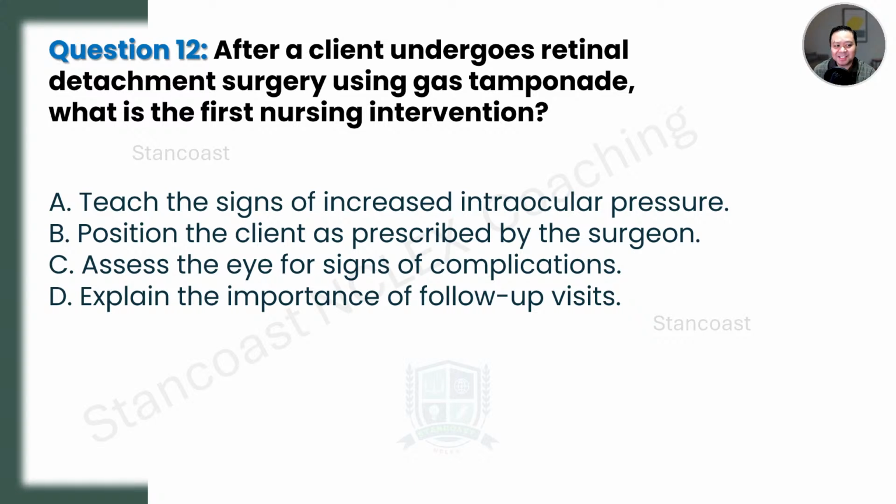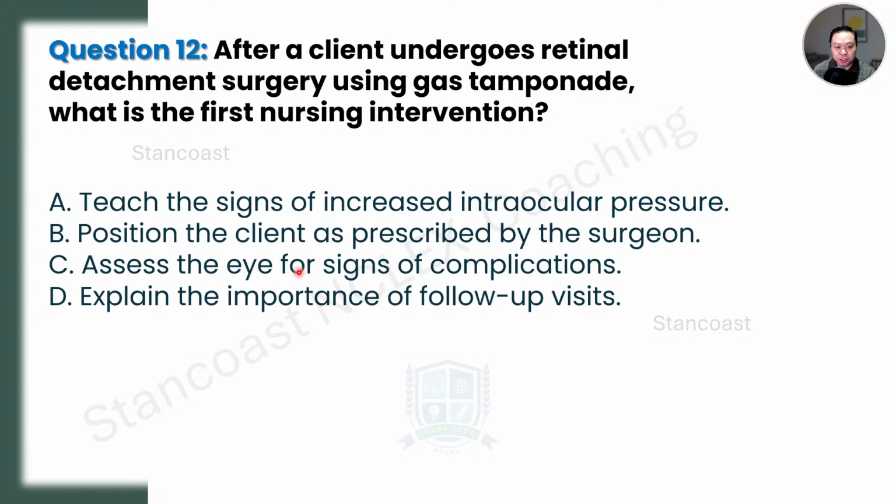If you selected letter A, teach the signs of increased intraocular pressure, this is important, but you as the nurse taking care of this patient should initially assess the eye for signs of complications. The teaching can take place after.